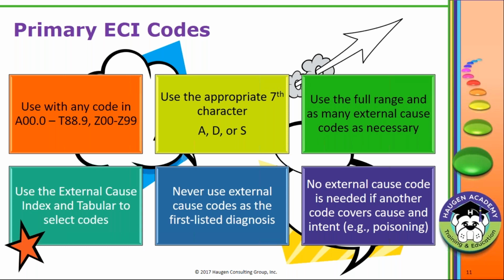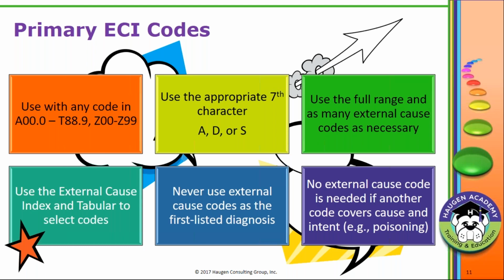if the patient had a healthcare associated infection. There is also a guideline that talks about using the appropriate 7th character. Now, the primary ECI codes have 7th characters to describe the encounter of care. It's either A, D, or S, and that should be matching your primary injury code.